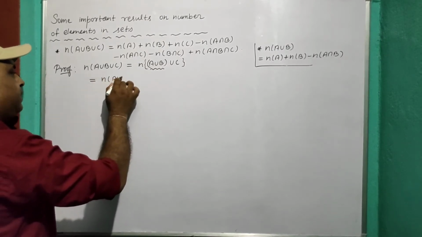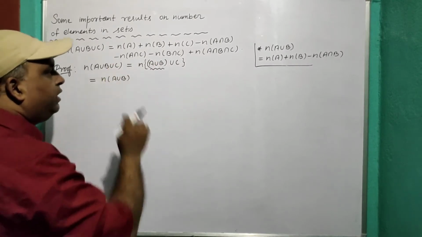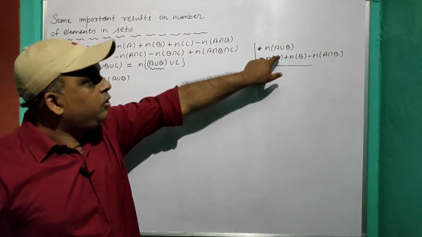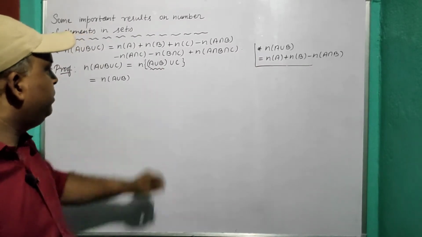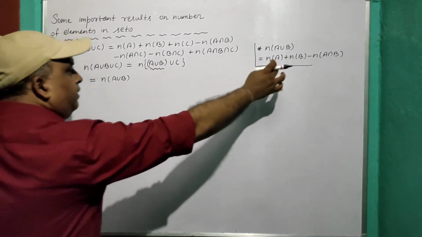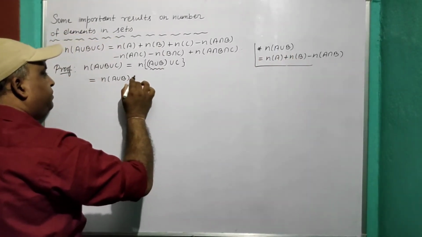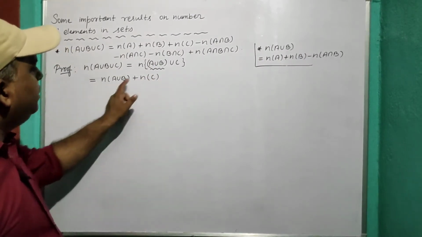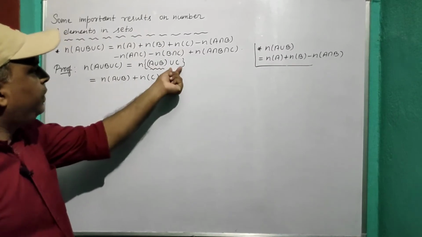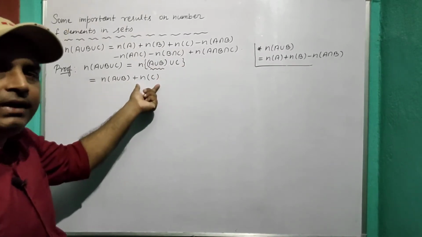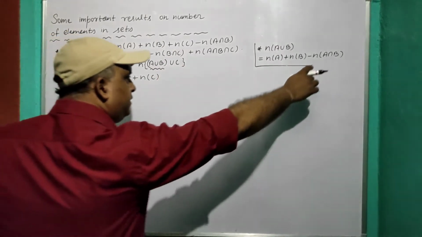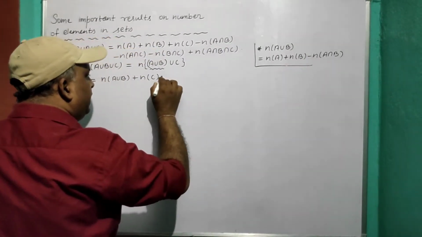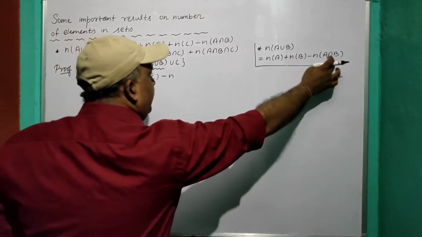The first set is A union B. Observe that in place of A, now I am having A union B. Then for the second set, you will write n(C). So this is n(A union B) plus n(C) minus n((A union B) intersection C).